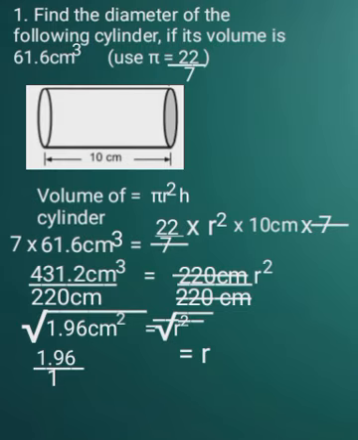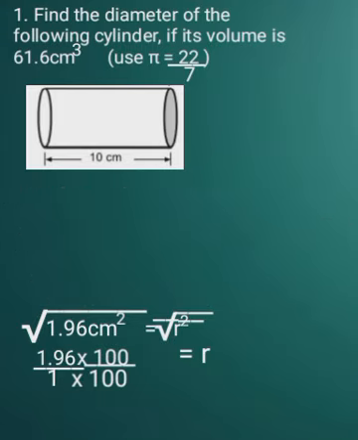So here you will multiply by 100, simply because we have 2 decimal places, and down here you multiply by 100. Here when you multiply by 100, you get 196 over 100.